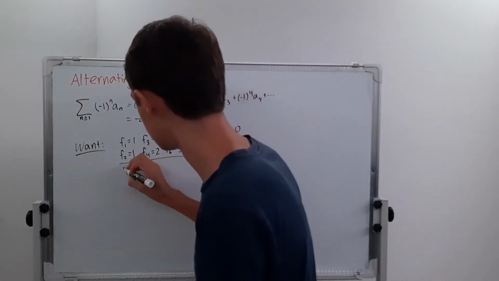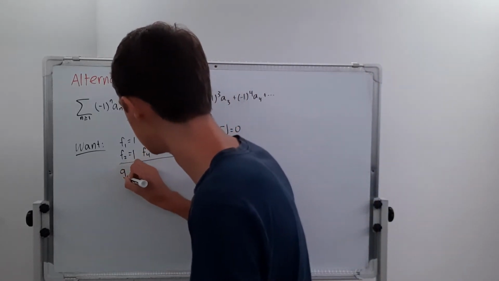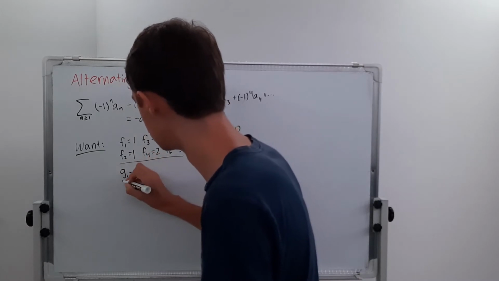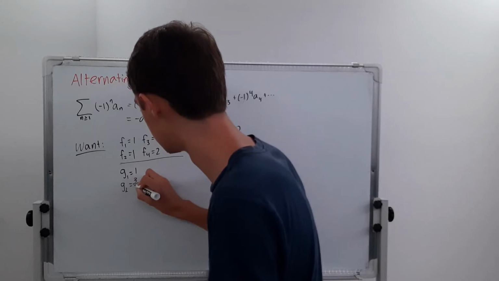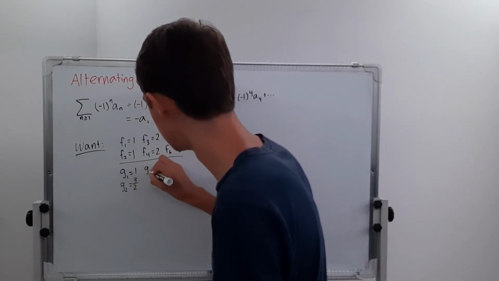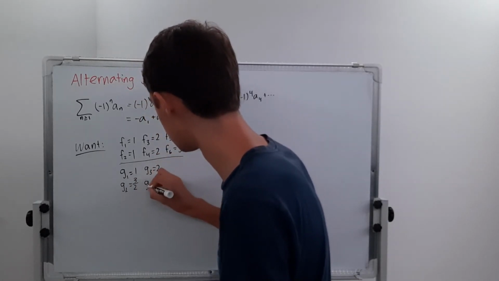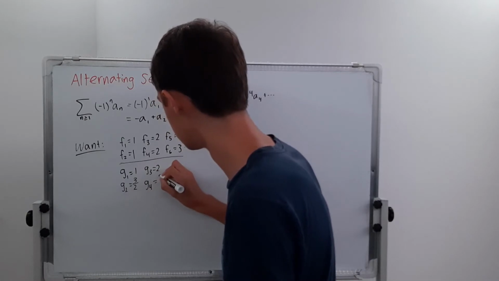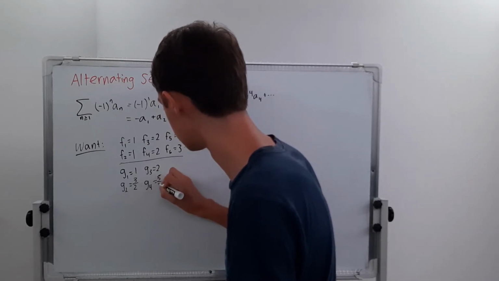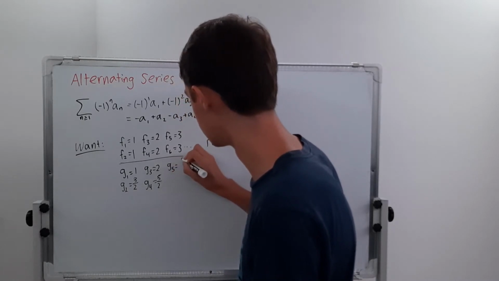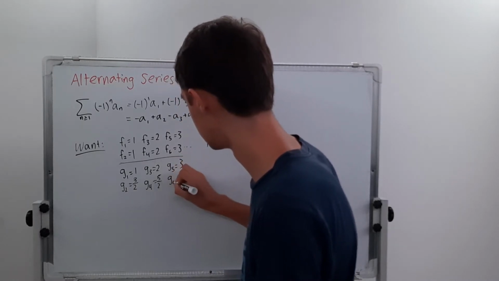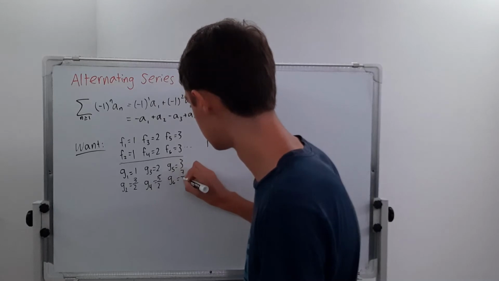I'll call them g. So g1 is equal to 1, g2 is equal to 3 halves, g3 is equal to 2, g4 is equal to 5 halves, because 2 is 4 halves, g5 is 3, and g6 is 7 halves.